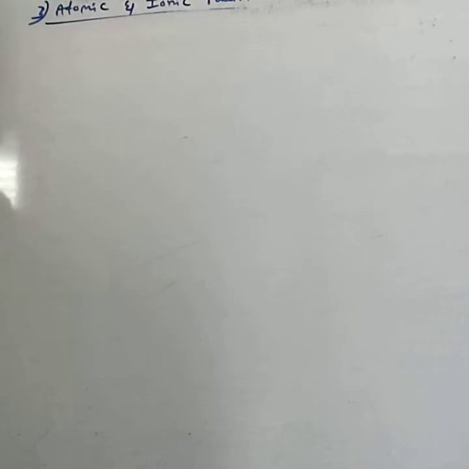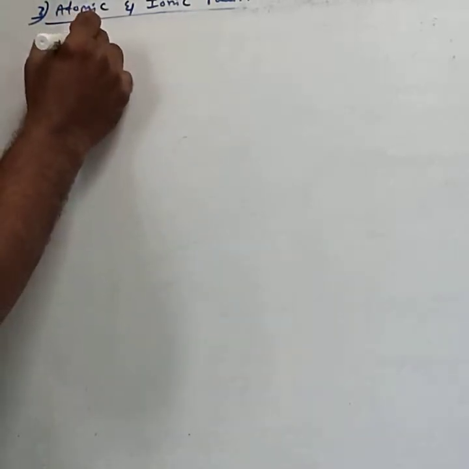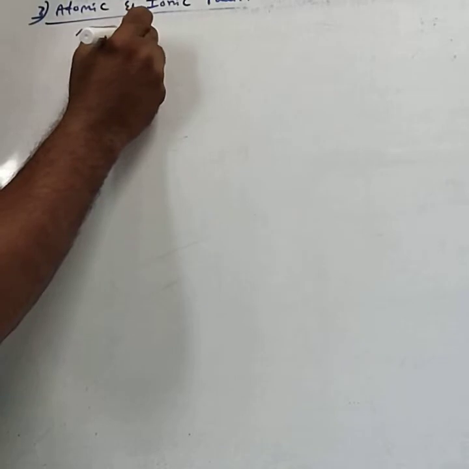Atomic and ionic radii generally increase down the group.